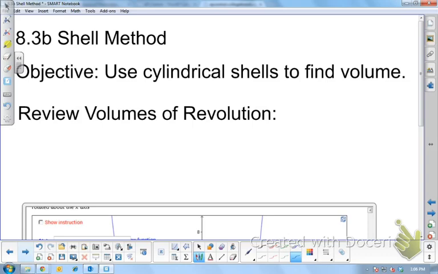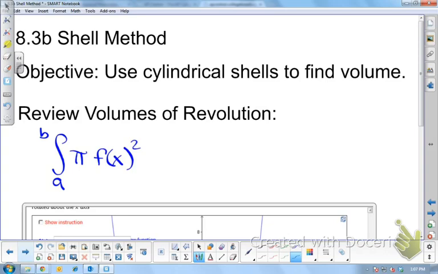But when we did volumes of revolution, what was our final formula to find the volume of something revolved? Integral from a to b of pi times the function squared. If you have f of x minus g of x, are they both squared?